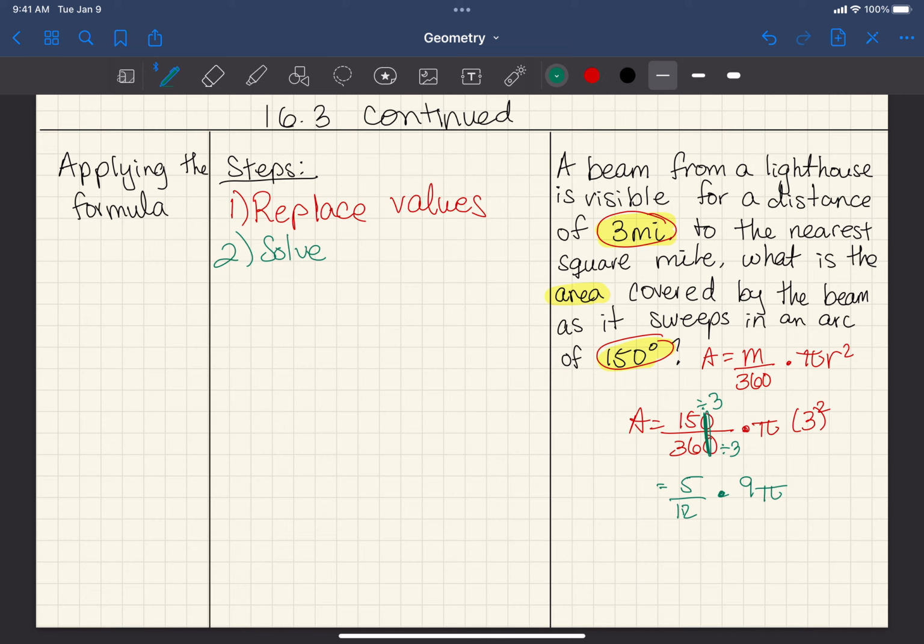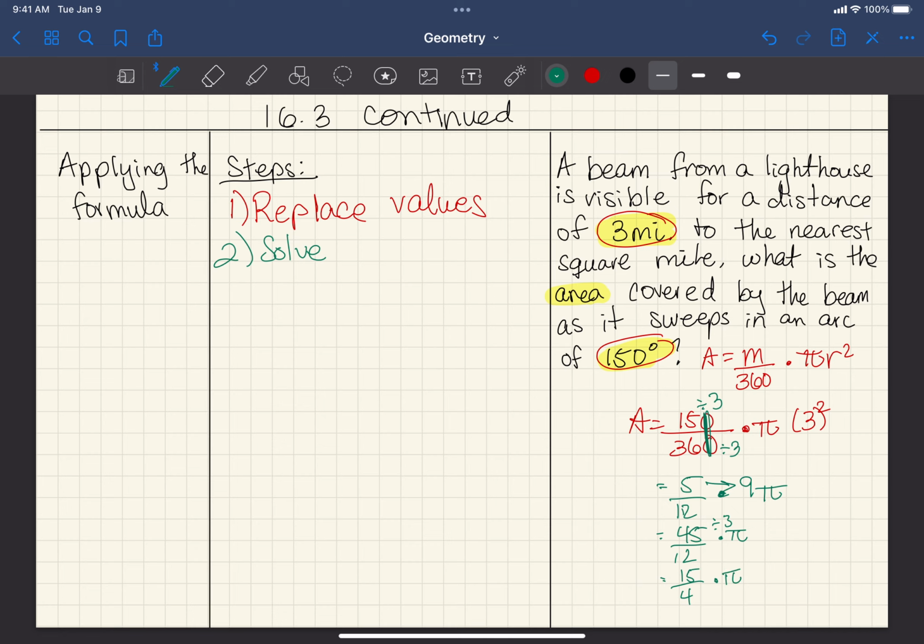Okay? So once I have that, I'm doing the exact same steps. I'm multiplying 5 times 9, which is going to give me 45 over 12 times pi. Once again, I can simplify this by dividing both of these by 3. And 45 divided by 3 is going to give me 15 over 4 times pi.